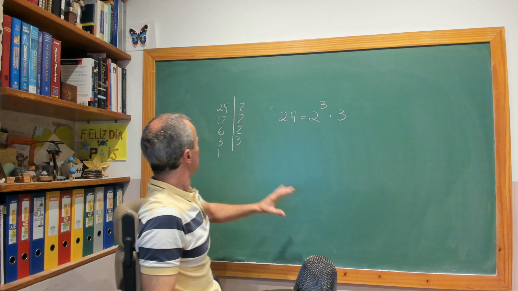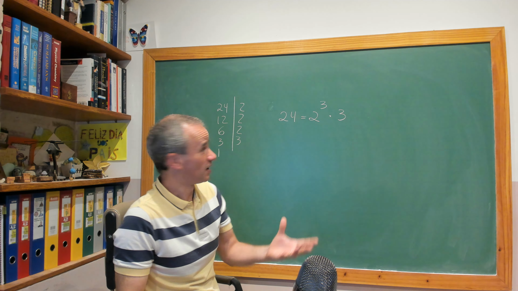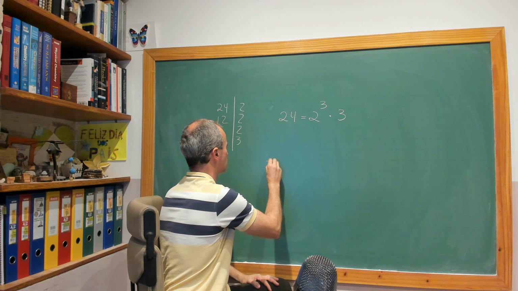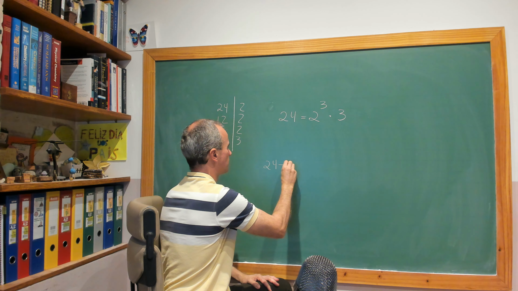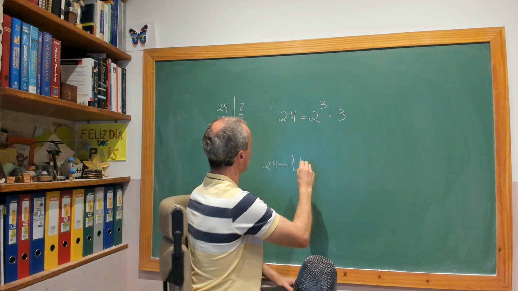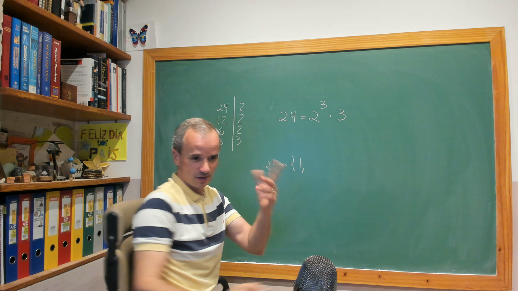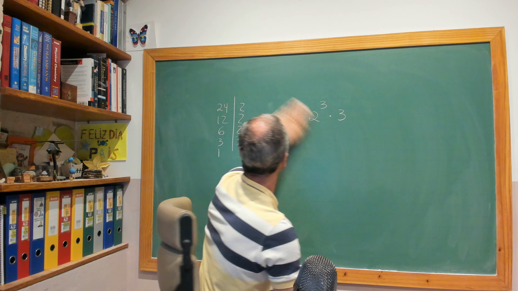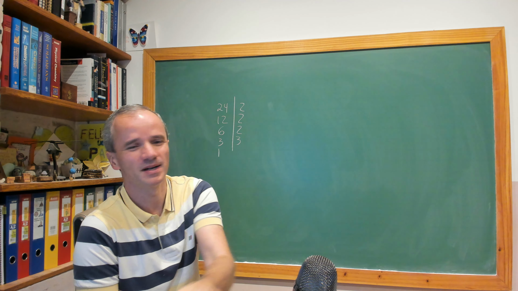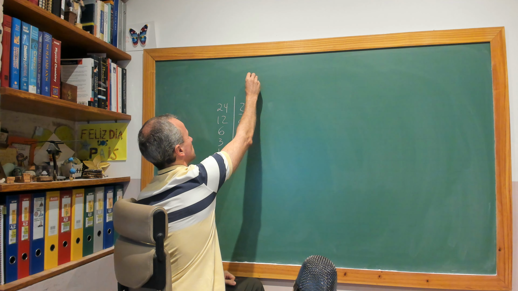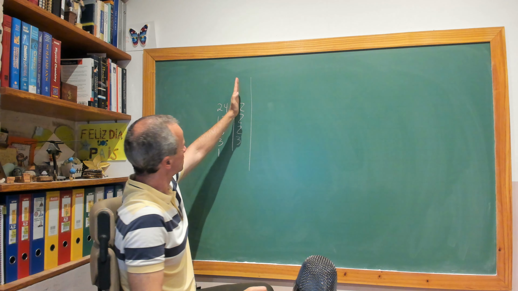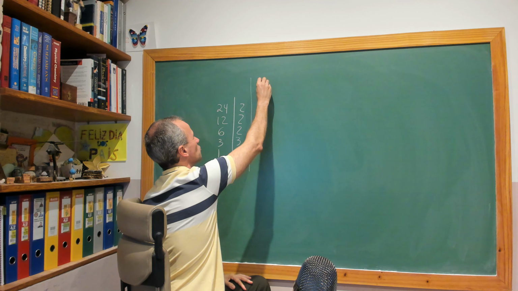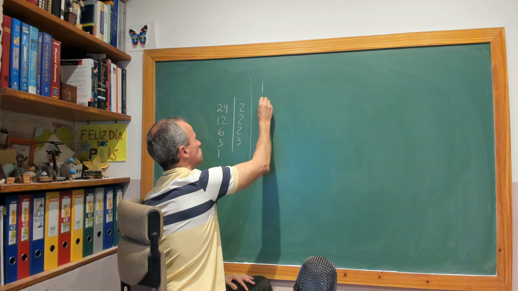If I want to know all the divisors of 24, how can you find them? We first perform the prime factorization. Now you put 1 here. 2 times 1, 2.